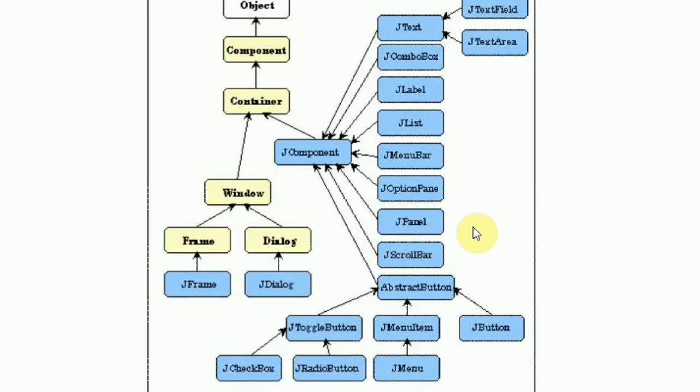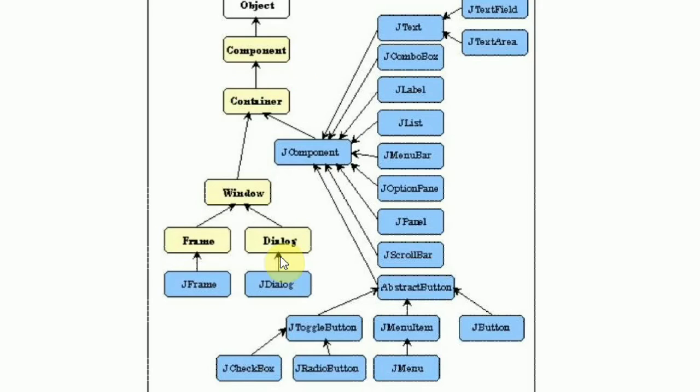The purpose of the panel is to simplify the positioning of the components. For example, you have a button and a label, and you want to position them properly, so you will use a panel, and you can use 2 or 3 panels as you like on the frame. So the first thing is you have to create a frame. On top of the frame you will create these panels, and you will arrange the components inside the panel. So this is all about the container.